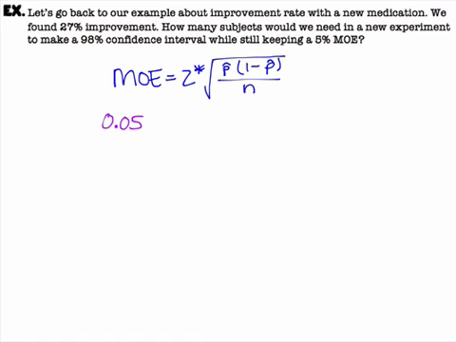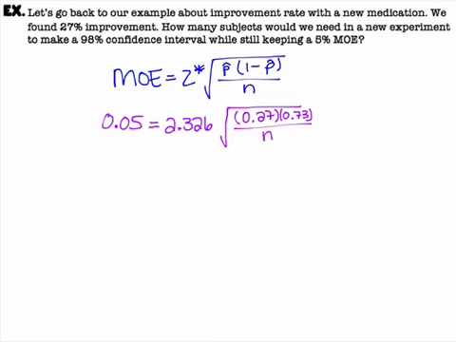So my margin of error I want to be 5%, so 0.05 has to be equal to z star for 98%, which is 2.326, times the square root of p hat, which I know is 27%, times 1 minus p hat, which is 0.73, over n, and I'm trying to solve for n.